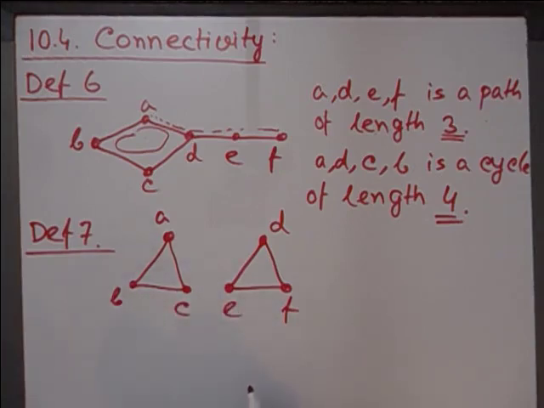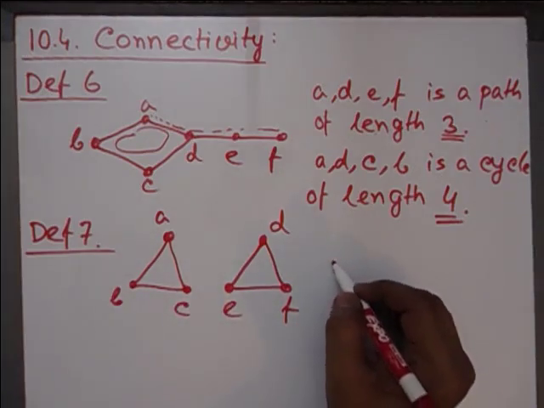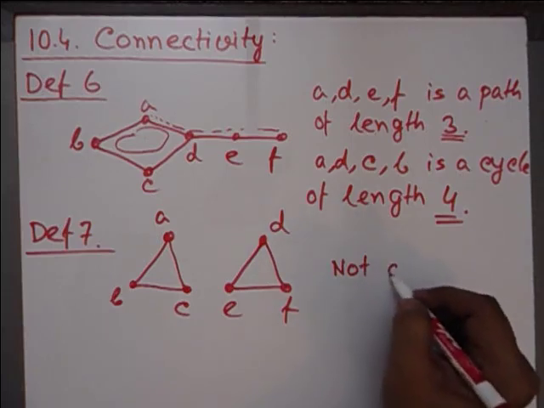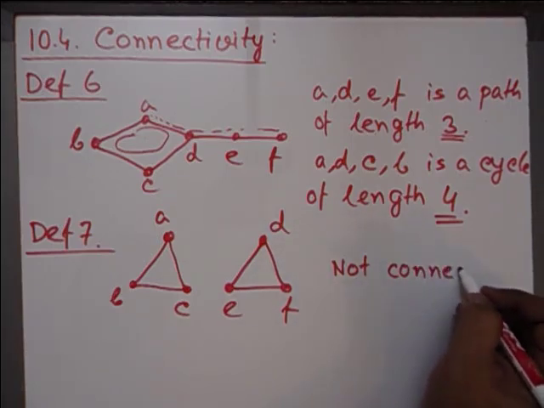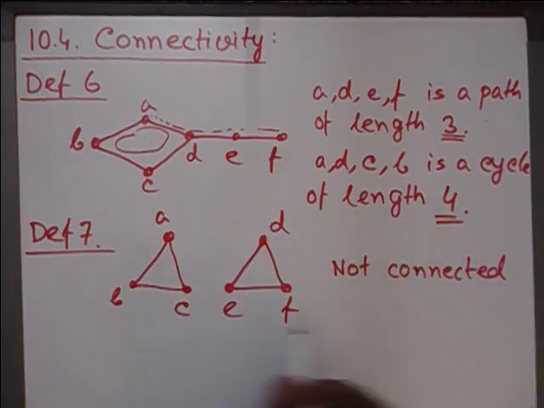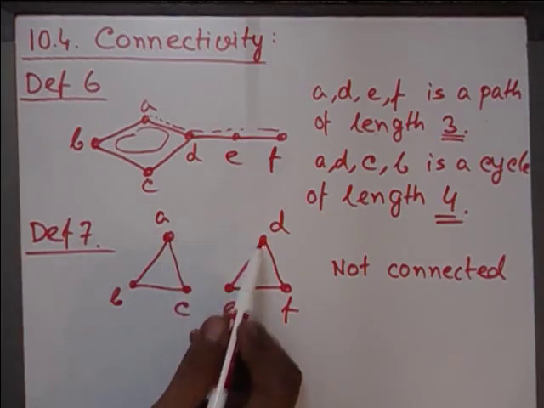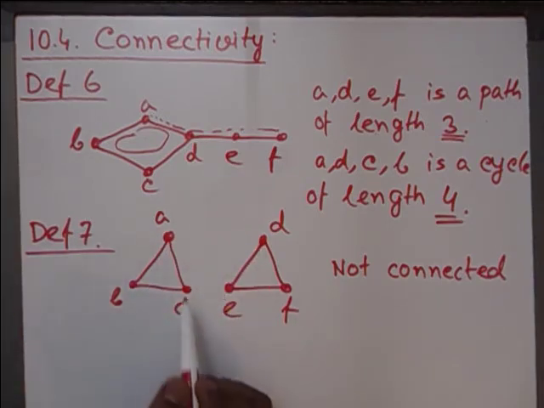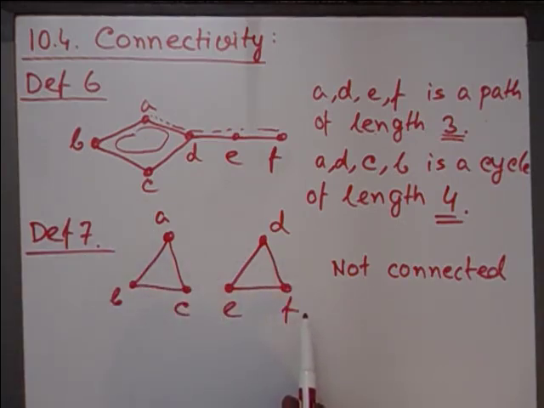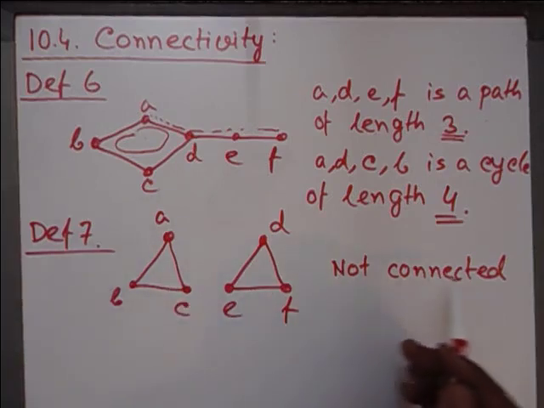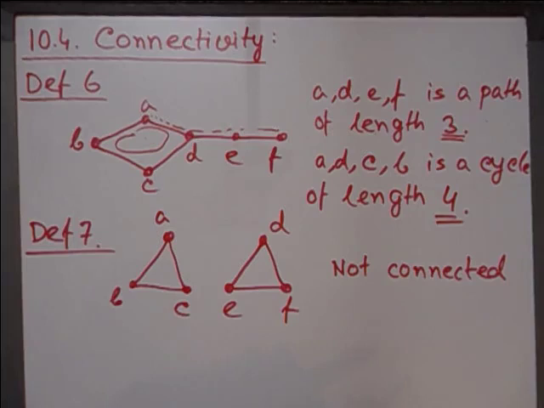This graph is not connected right now. There is no path between A and D, or A and C, or C and E. So these are 2 different components. We call them components. So this is one graph, and it is not connected. There are 2 disjoint connected components.